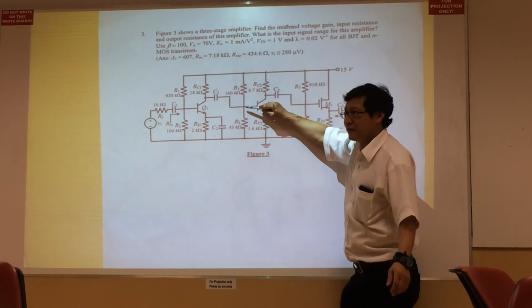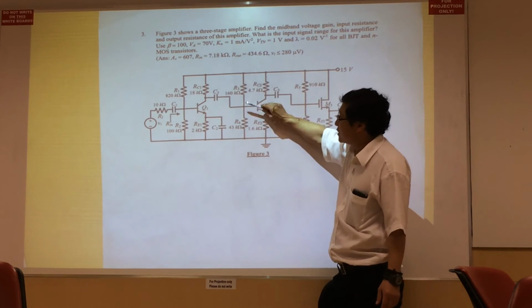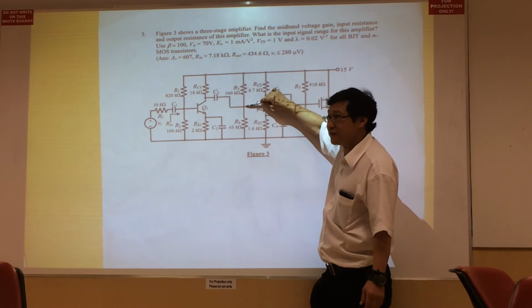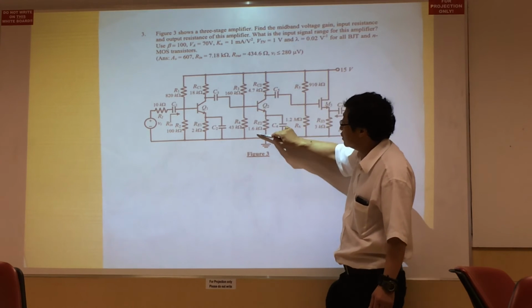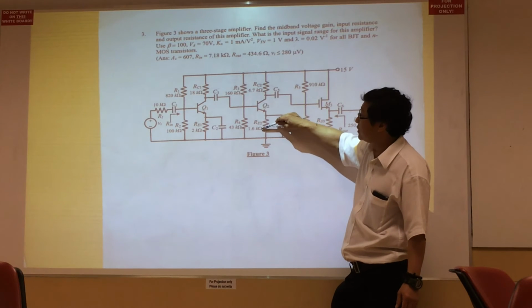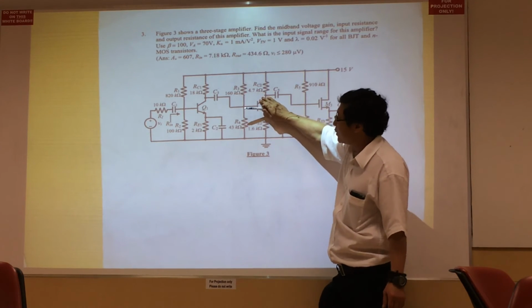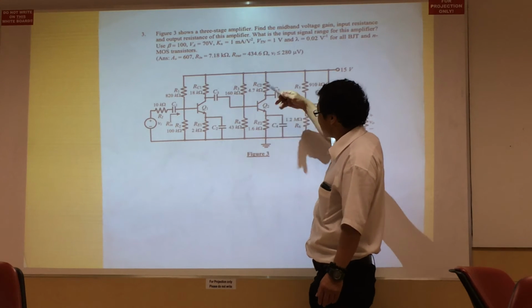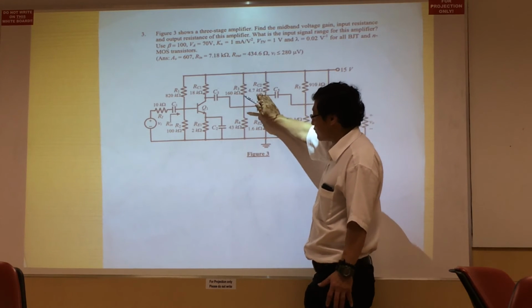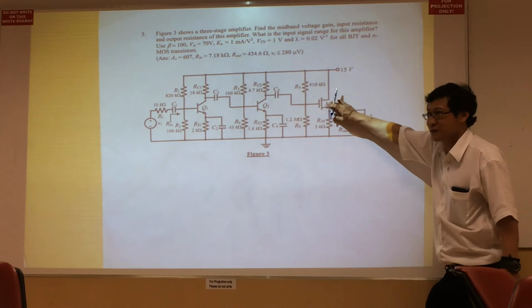Do the Thevenin's equivalent of the second stage, do the Thevenin's resistance of the second stage, do the loop to find out the DC condition, to find out the Q point, find out the R0, R pi, and GM. Take everything, put in your pocket, do the third stage.